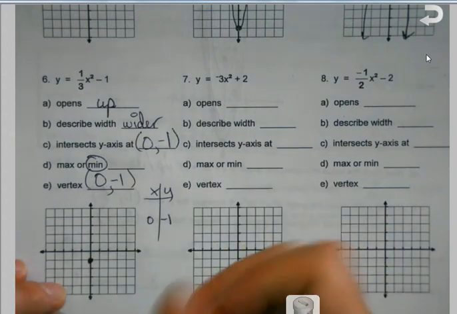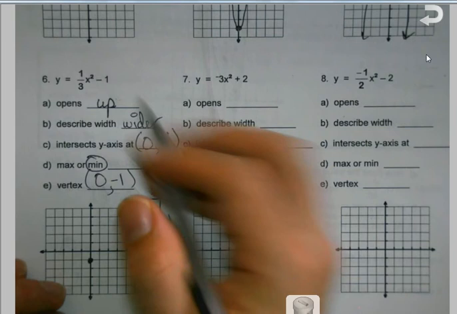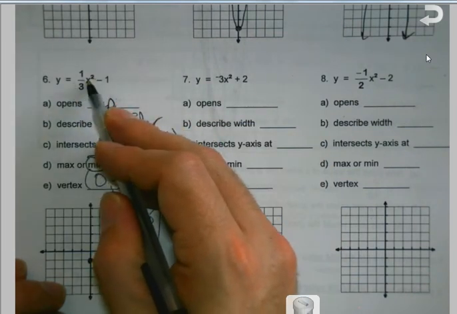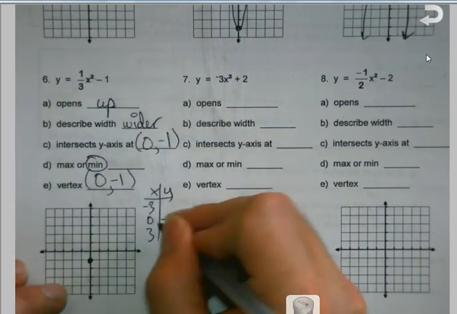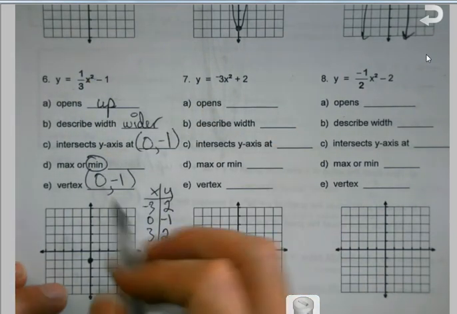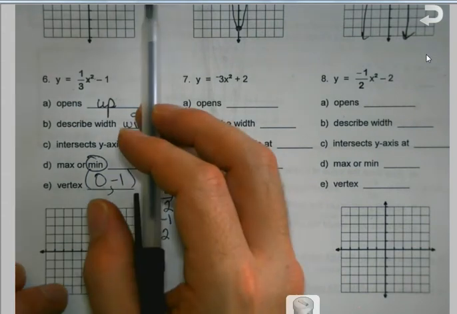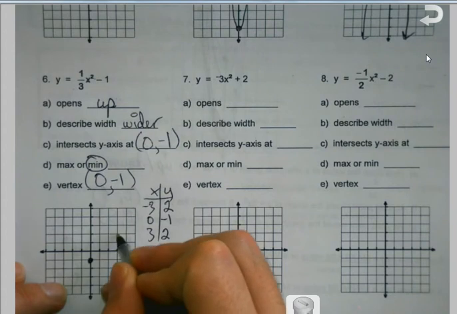But if I punch in 3, 3 squared is 9. 1/3 of 9 is 3, minus 1 is 2. So you're like, oh, and that kind of goes along with, because up there I was dealing with a multiple of 2. Oh, I kind of see how this is working now.